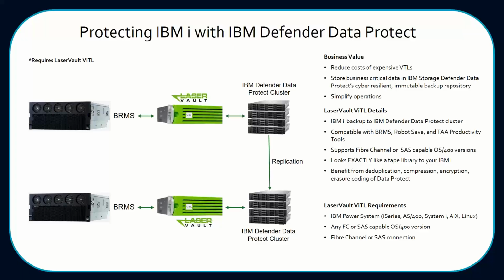That could either be local, and I know that it can run in cloud storage as well. So that can be used to replicate and also perform replication of your backup. With Defender Data Protect cluster, you've got deduplication, data immutability, and replication capabilities with this solution, as well as many of the others.